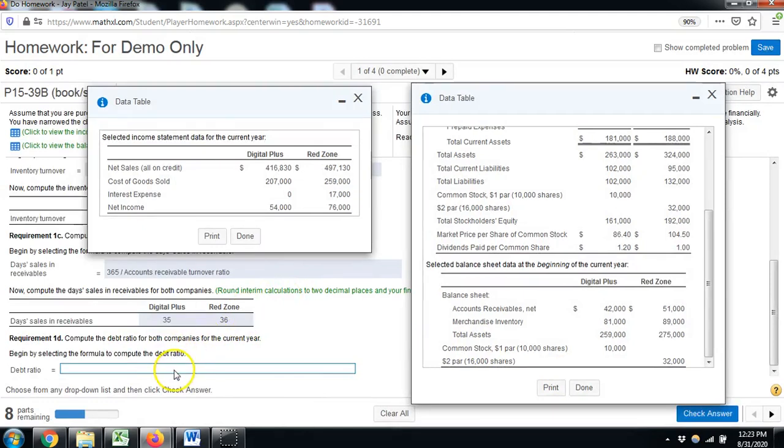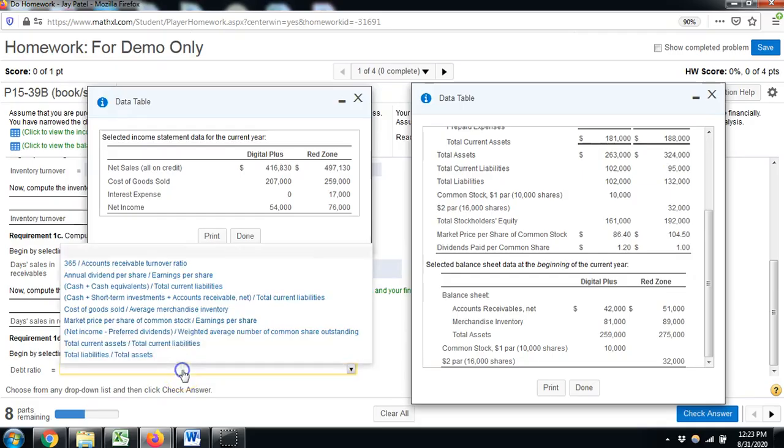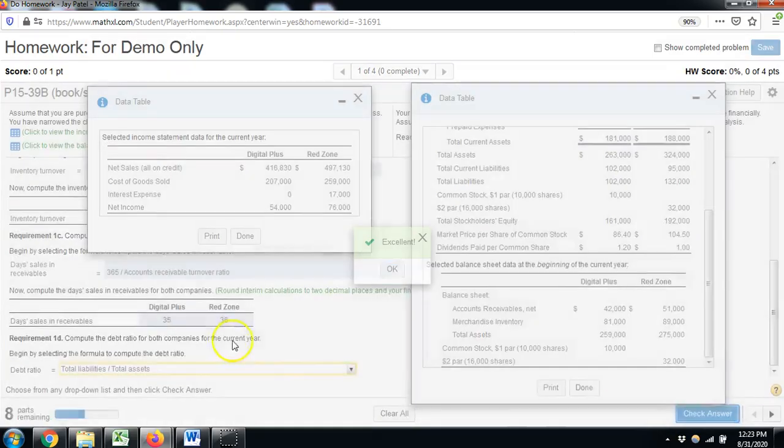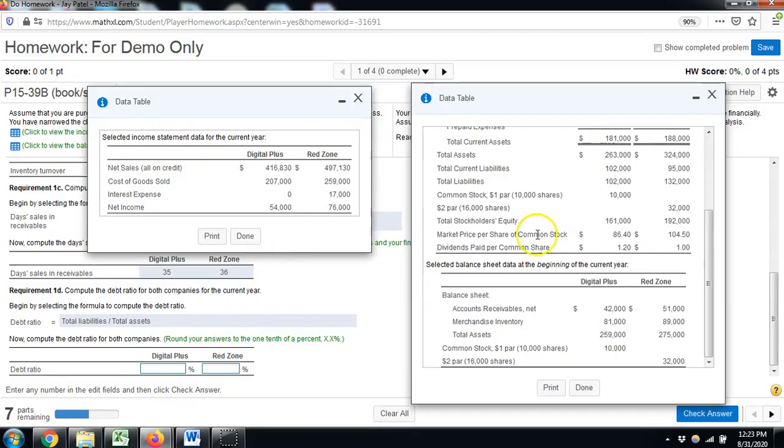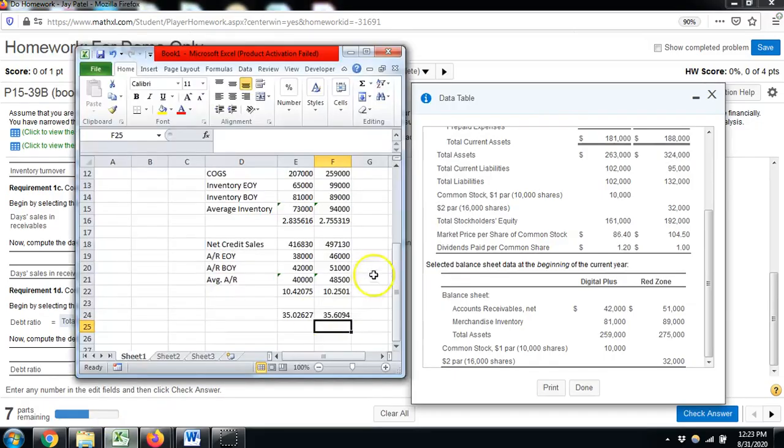Okay, now we're going to compute the debt ratio. So the debt ratio is simple. It's just total liabilities divided by total assets. So we simply can take the numbers. We have total assets, we have total liabilities.